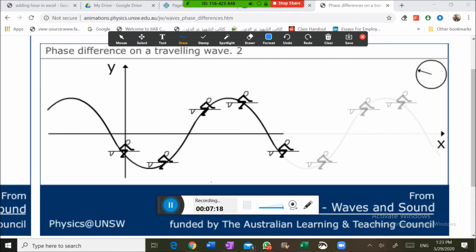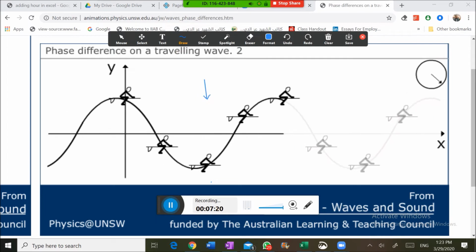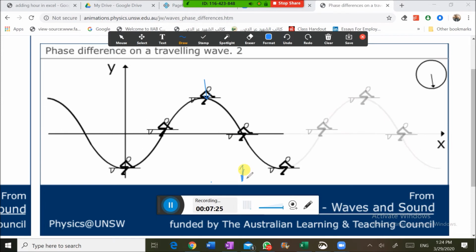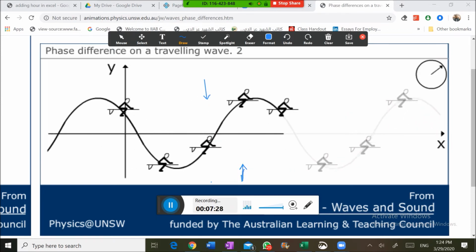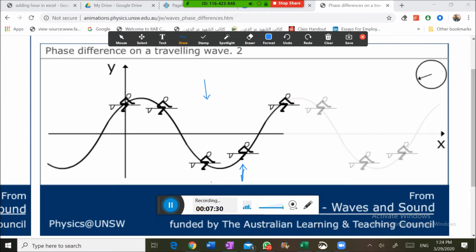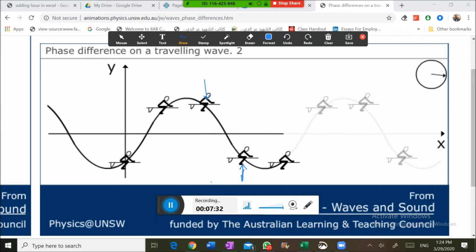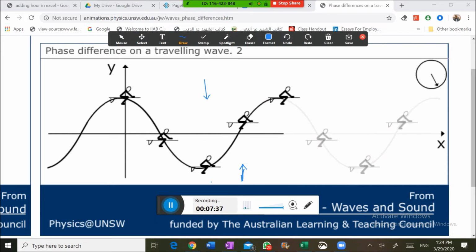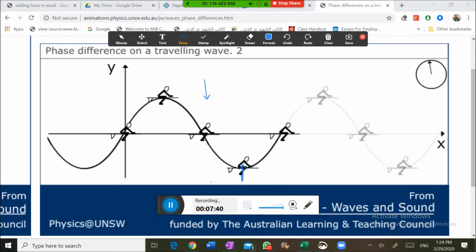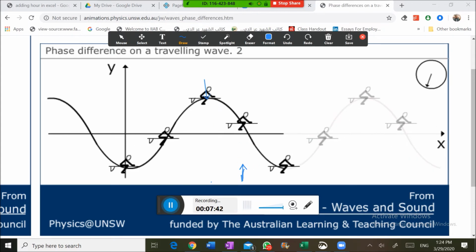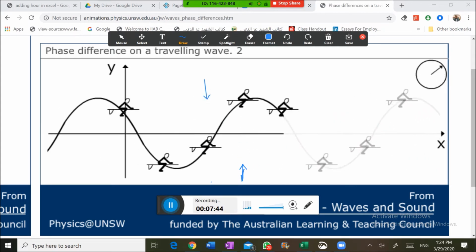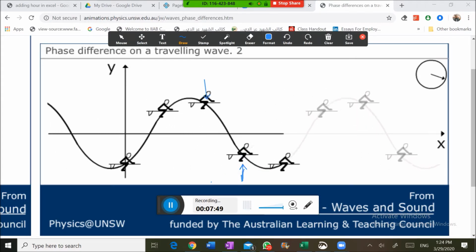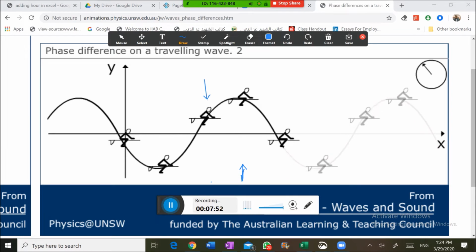If I consider this particle بهذا البوزيشن with the next one, هدول بنسميهم out of phase. These are called what? Out of phase. At certain moments they are oscillating in the same direction. At other moments they are oscillating in the opposite direction. واحد up وواحد down. هذا بسميه out of phase.